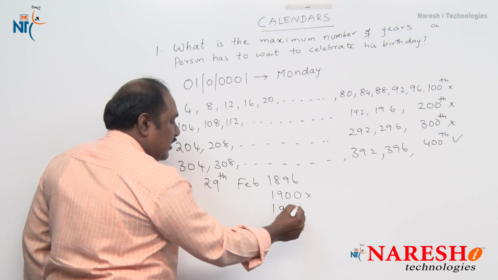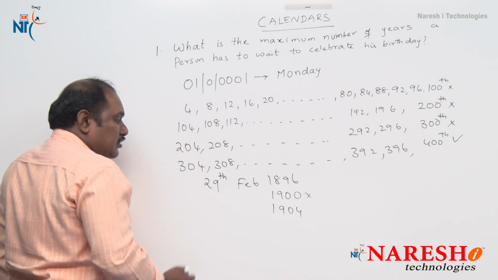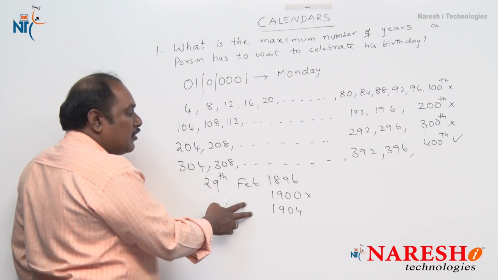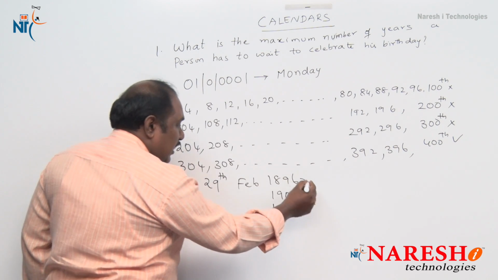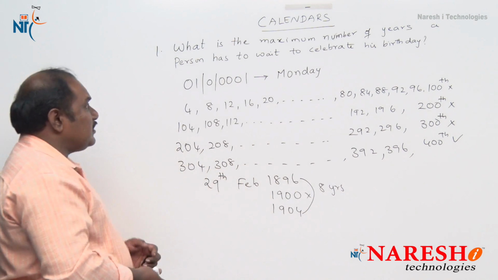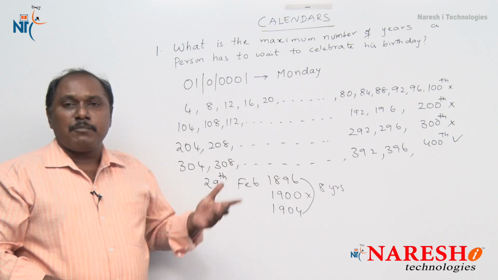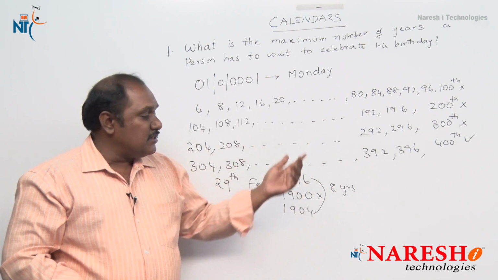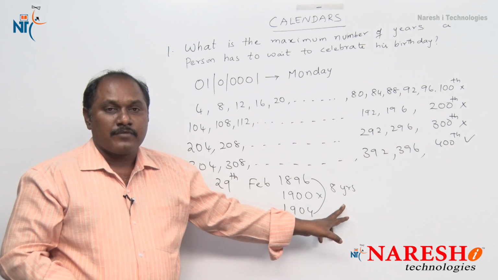Again 1904 is a leap year. So we clearly see how many years he is waiting to celebrate his birthday. The answer is 8 years. So the maximum number of years a person has to wait to celebrate his birthday is 8 years.